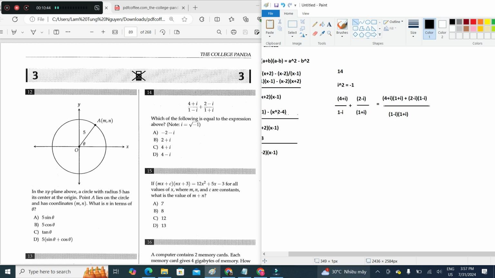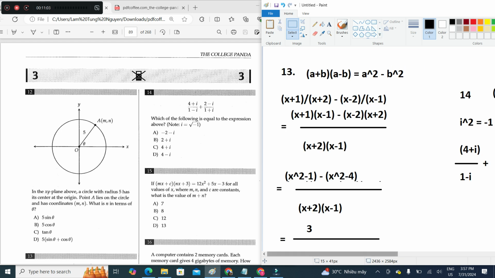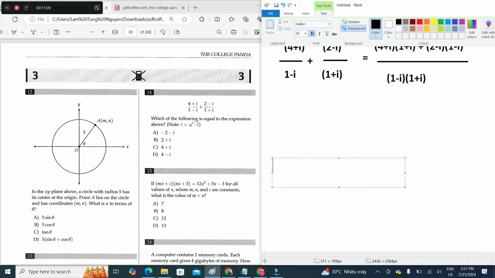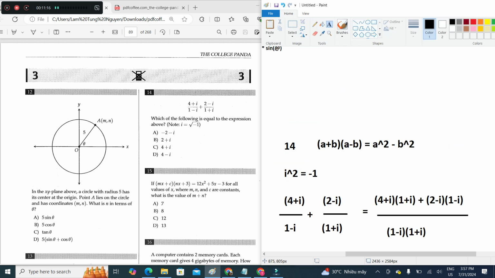Now we're going to apply the same formula here: a squared minus b squared is equal to a plus b times a minus b. On the numerator we just have to do the expansion, and on the denominator we can apply the formula.